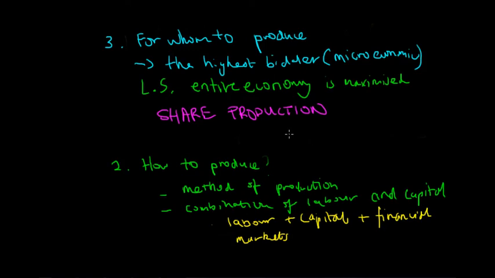Although there are different types of economic systems around the world, for example, North Korea and Cuba have very much socialist systems, in Australia we live in a market economy.